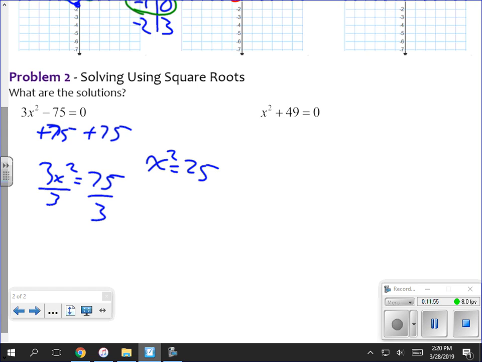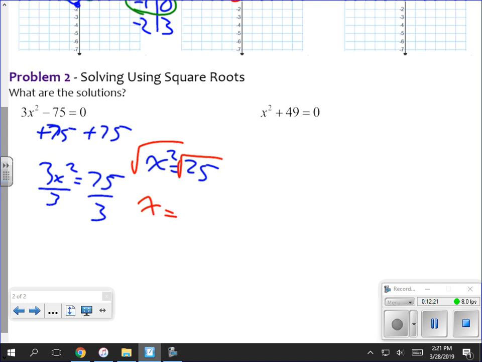So now that I have x squared by itself, that's my first step. My second step is to take the square root of both sides. What's the square root of x squared? X equals. What's the square root of 25? That's half your answer.